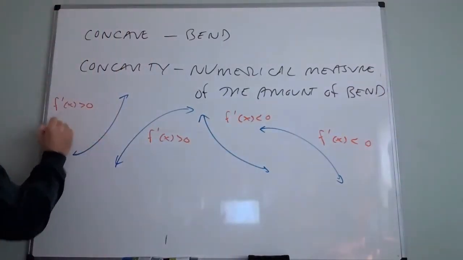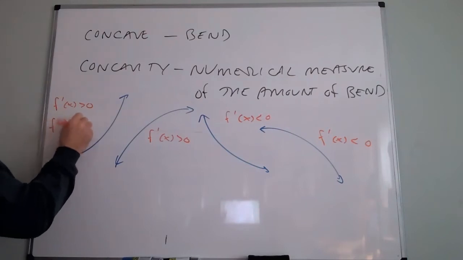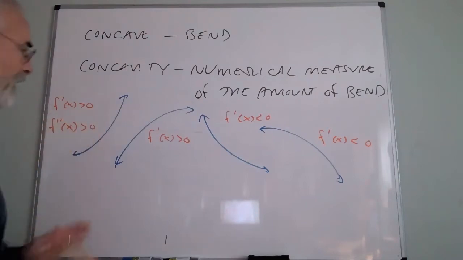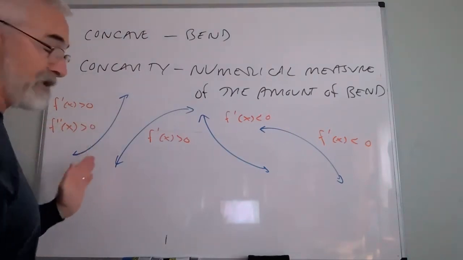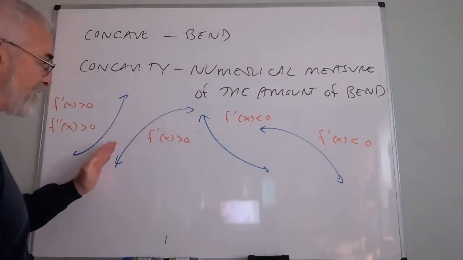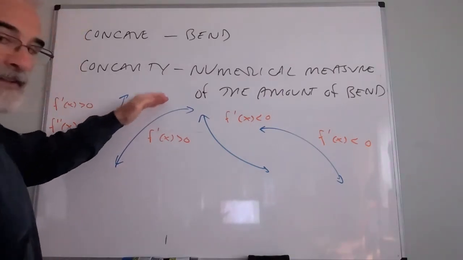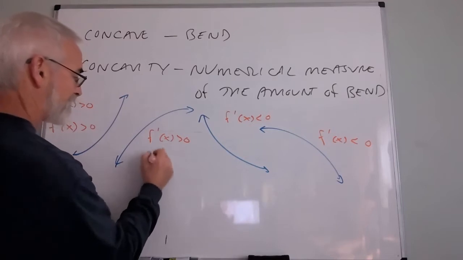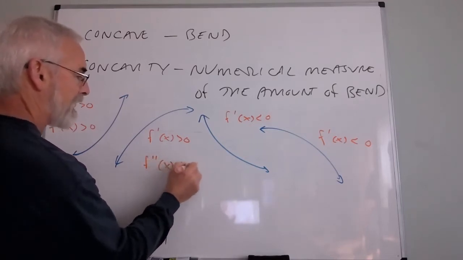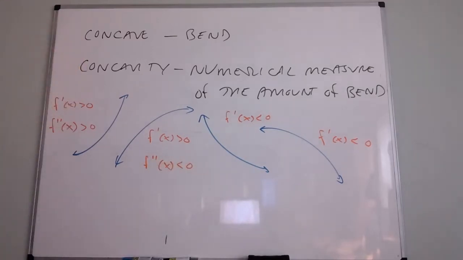So in this case, the second derivative would also be positive. But in this one, yes, I'm going forward, but I'm slowing down and decelerating. So in this case, my second derivative is negative. Ooh, so this one is bending upwards. This one is bending downwards, quite literally.